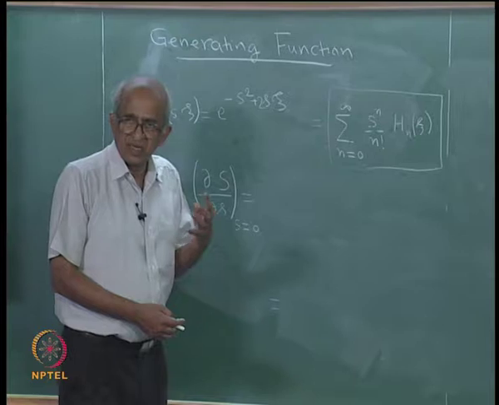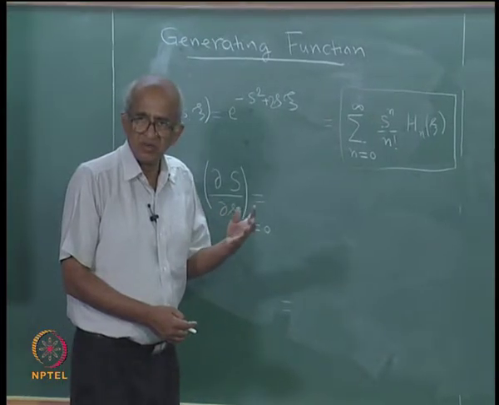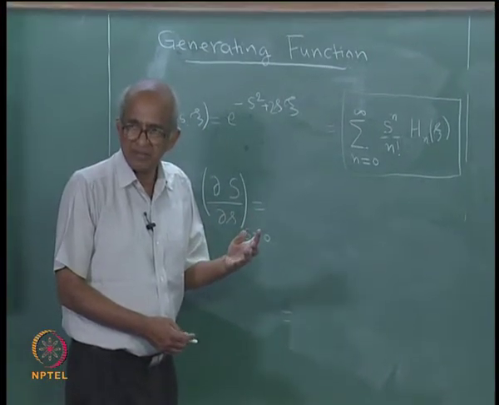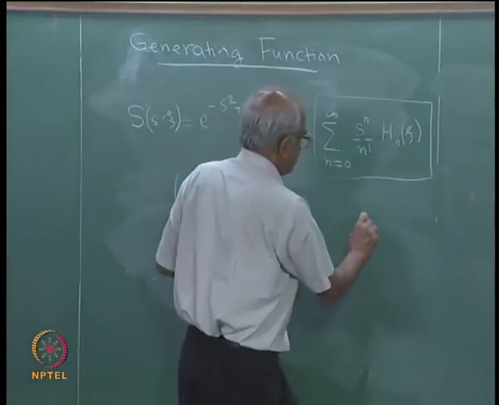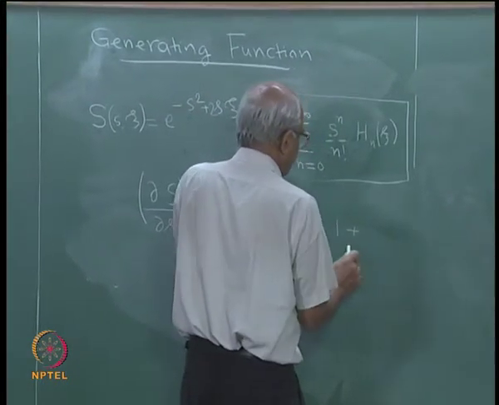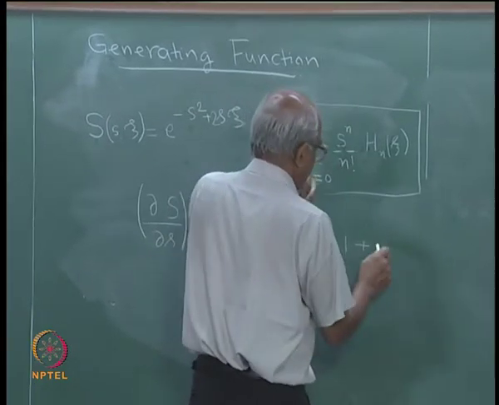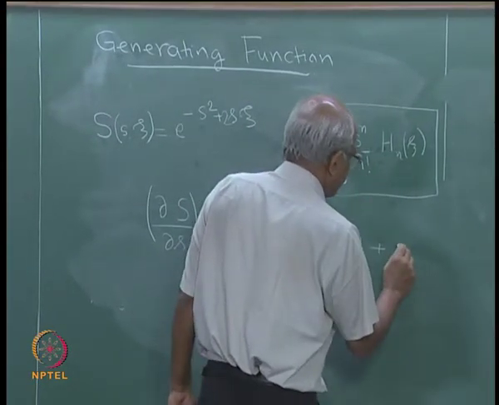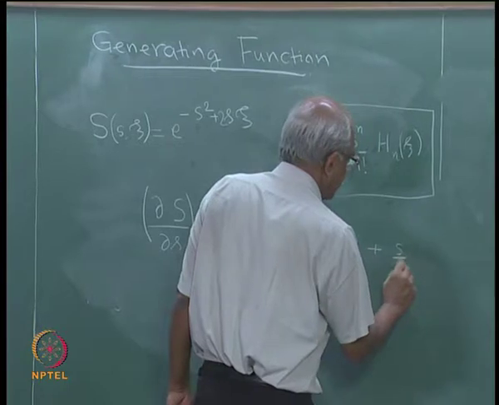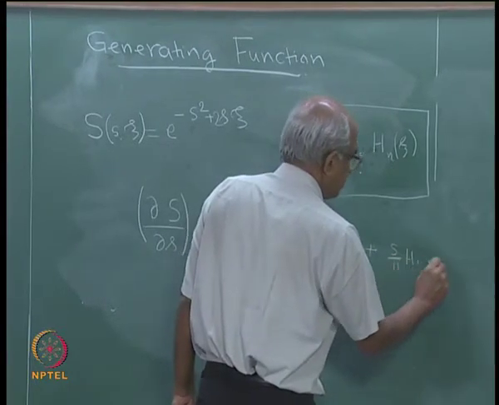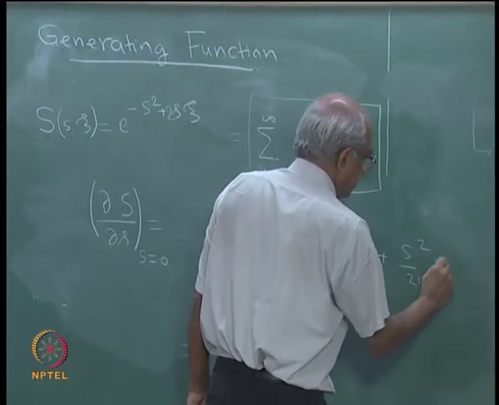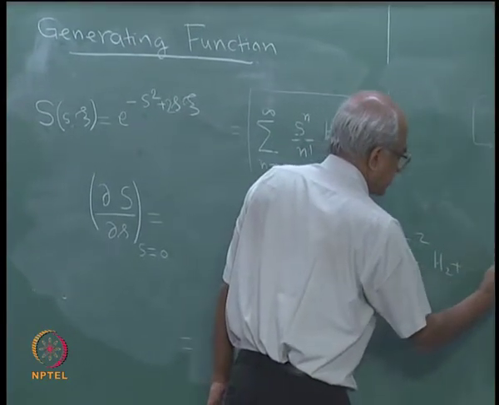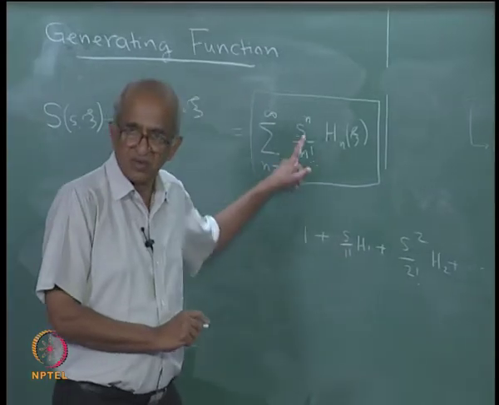You will find that the answer must be equal to h1, because you look at the series. Maybe this will become clearer if I write the series: 1 plus s by 1 factorial into h1 plus s square by 2 factorial into h2 plus etc. That is the form of this series.